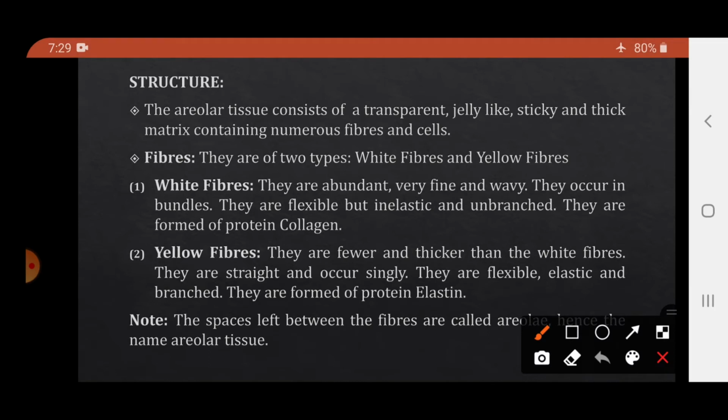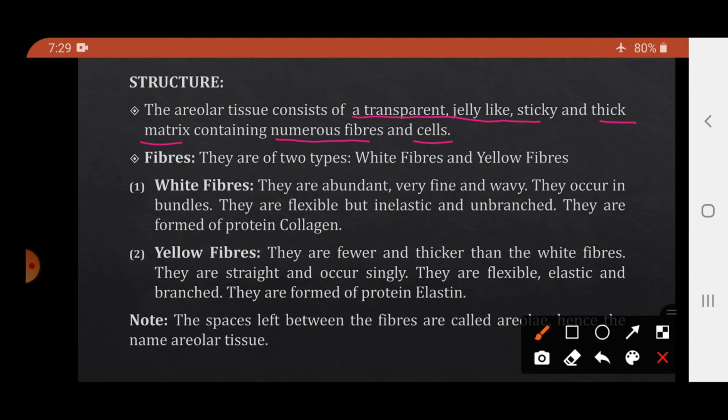Now structure of the areolar tissue. So areolar tissue consists of the transparent jelly-like sticky and thick matrix which consists of numerous fibers and cells. So what is areolar tissue made up of? It consists of a jelly-like thick matrix. So इसका जो matrix, इसका जो ground substance, where is ground substance present?